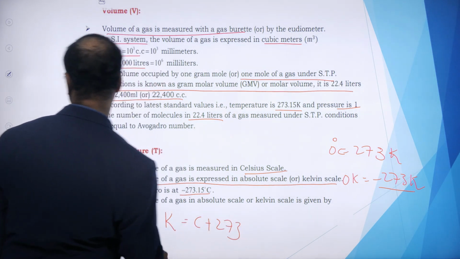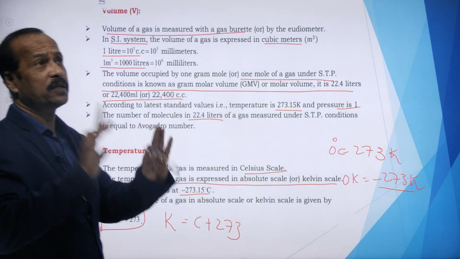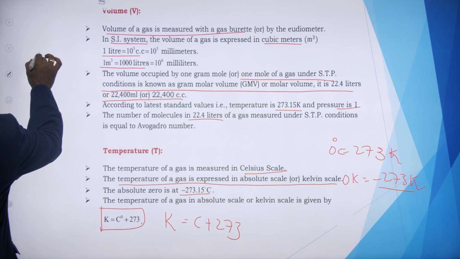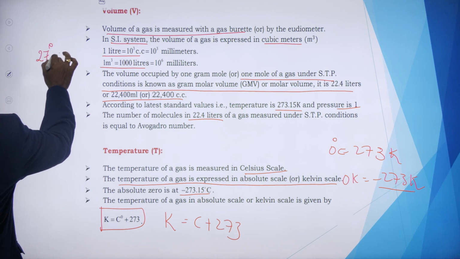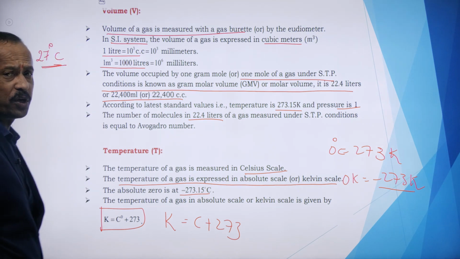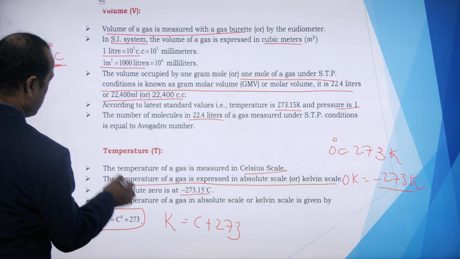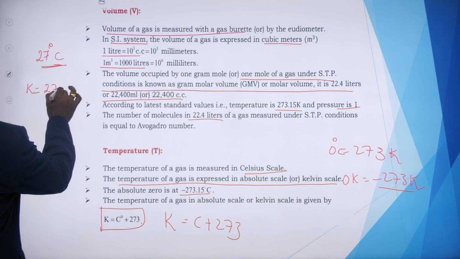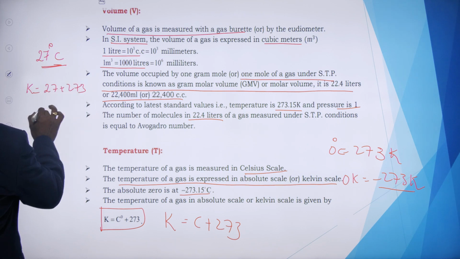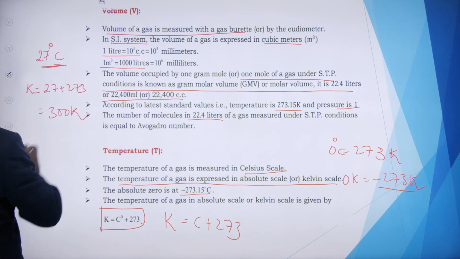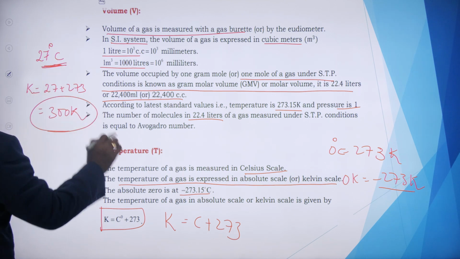For example, let us imagine the room temperature is 27 degrees Celsius. If you want to convert into Kelvin, how can you convert? Kelvin is equal to C plus 273, so 27 plus 273 is equal to 300. So 300 Kelvin. The meaning is what? 27 degrees Celsius is equal to 300 Kelvin.